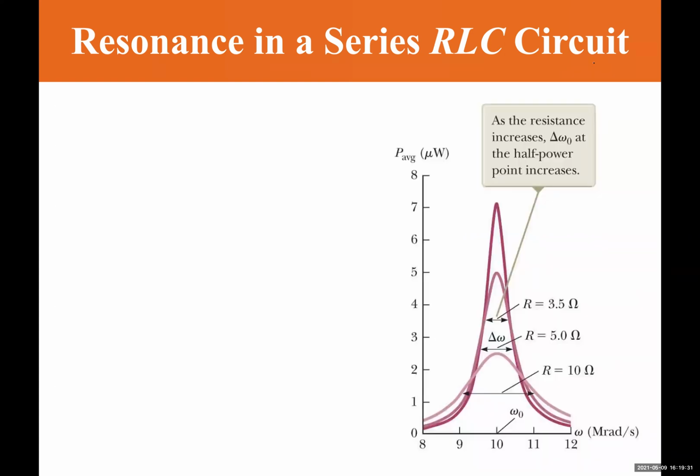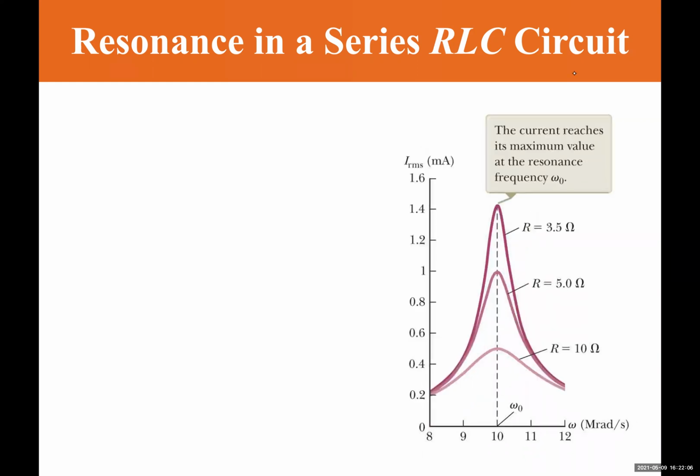All right, so we have a plot of RMS current versus angular frequency. Let me scroll here. This is the diagram for plotting the current versus the angular frequency. One thing we can see here is you have three different curves: curve 1, 2, and 3.